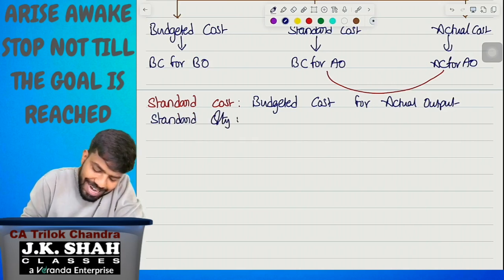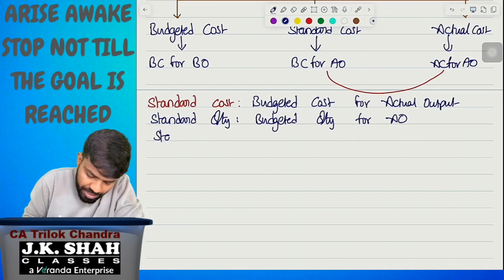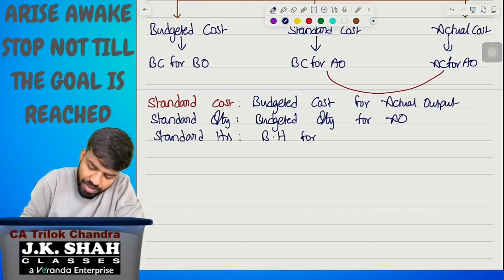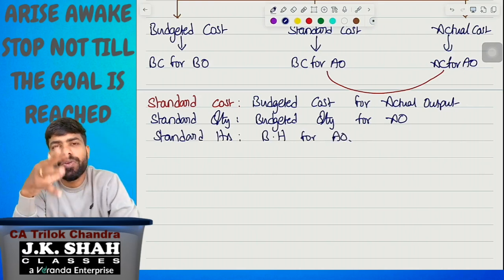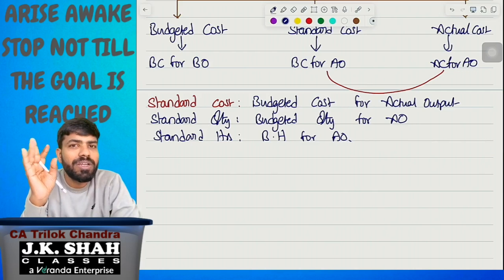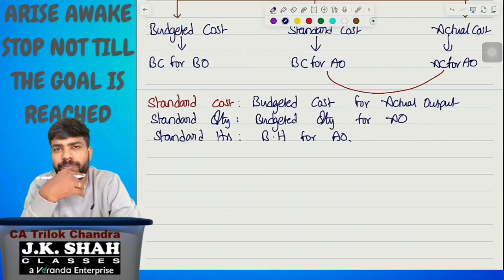What does standard quantity of raw material mean? Budgeted quantity for actual output. Now we need to understand standard hours. What do standard hours mean? Budgeted hours for actual output. This is how we are going to calculate standard cost, standard quantity, and standard hours.